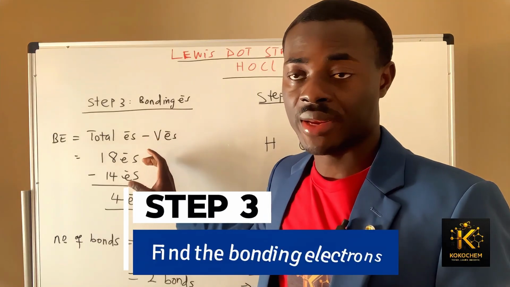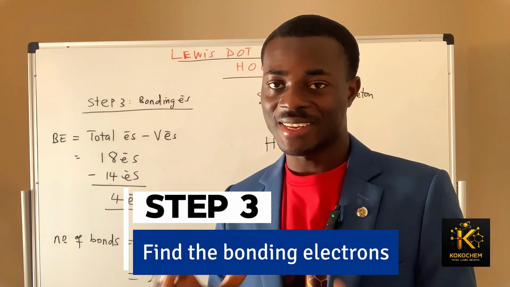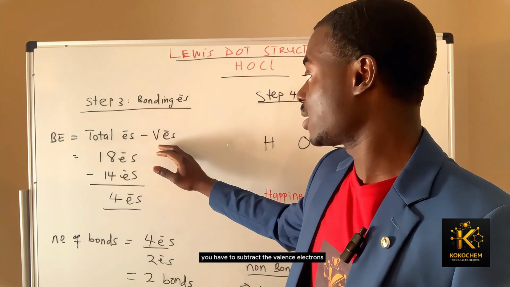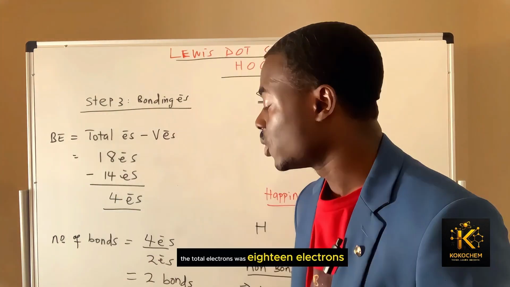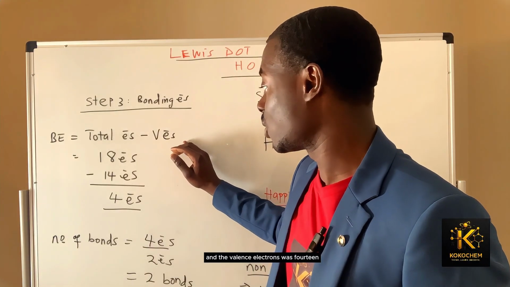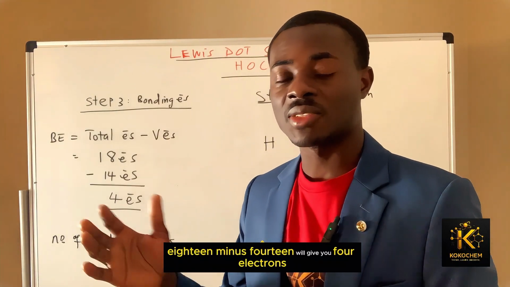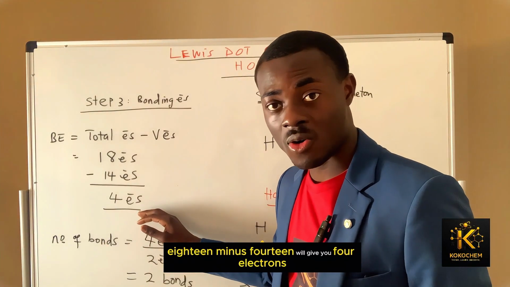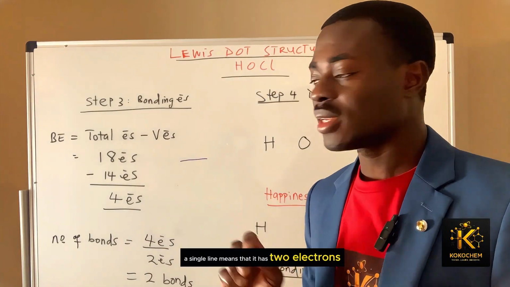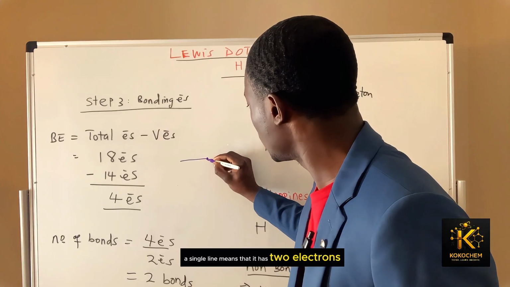Step 3 is to find out the bonding electrons. To find the bonding electrons, you subtract the valence electrons from the total electrons. The total electrons was 18 and the valence electrons was 14. 18 minus 14 gives you 4 electrons. And remember this, a single line means it has 2 electrons.